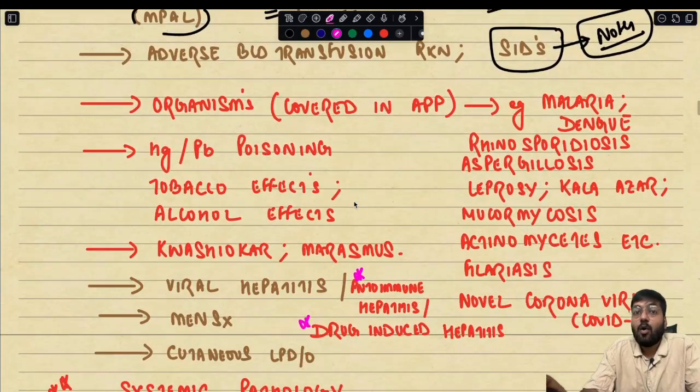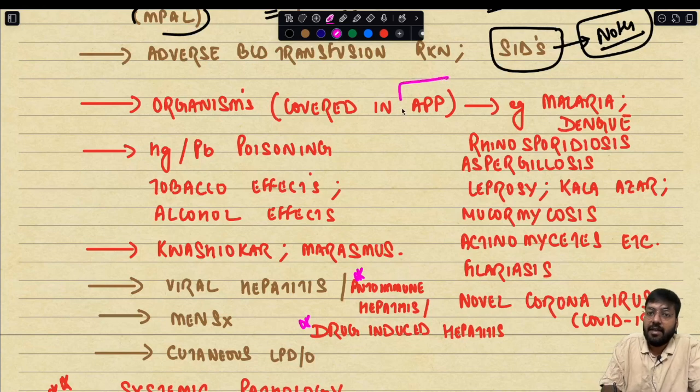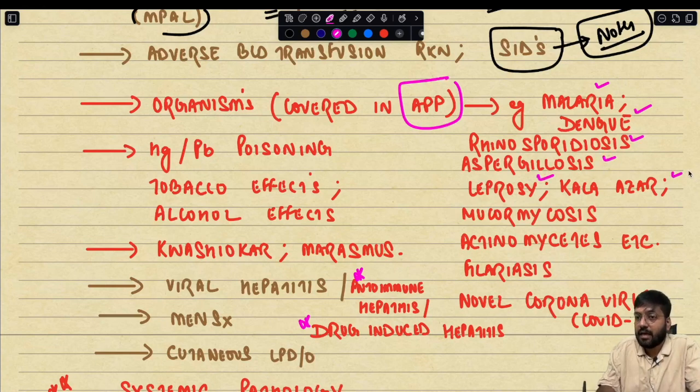Then we are having organisms, which have been covered in the application. So all the organisms which are relevant in pathology, like malaria, dengue, rhinosporidiosis, aspergillosis, leprosy, kala azar, mucormycosis, actinomycetes, filariasis, novel coronavirus, COVID-19, all these have been discussed in detail except the coronavirus.